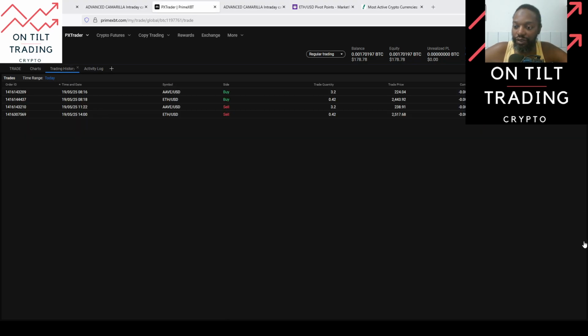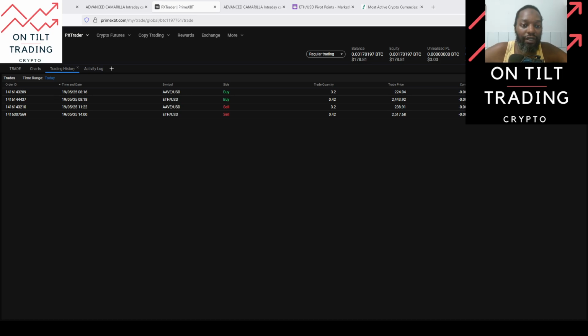So 2 positions today. This is the Aave position here. I bought at 8.16 this morning. Trade quantity 3.2, comes up to about $1,022.04. And then here we've got 11.22. We get the sell here, and we're looking at about $45.